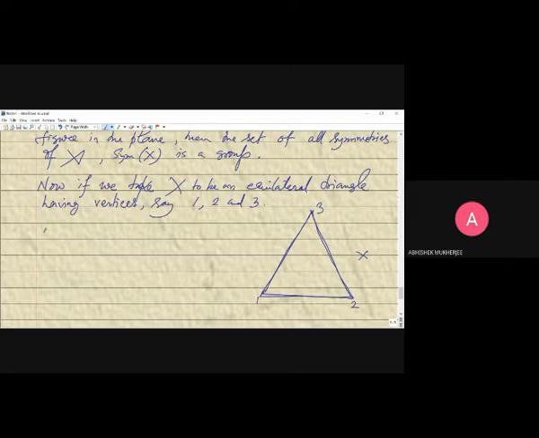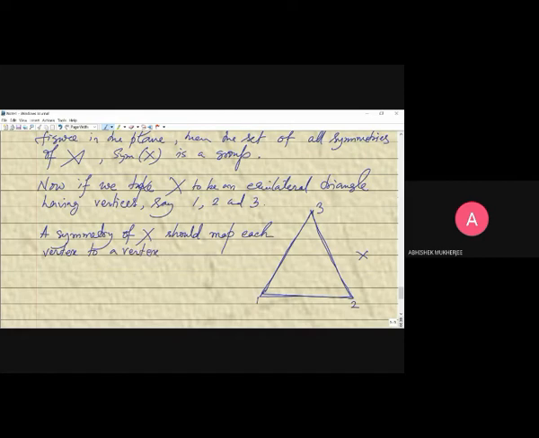So a symmetry of X should map each vertex to a vertex, right?